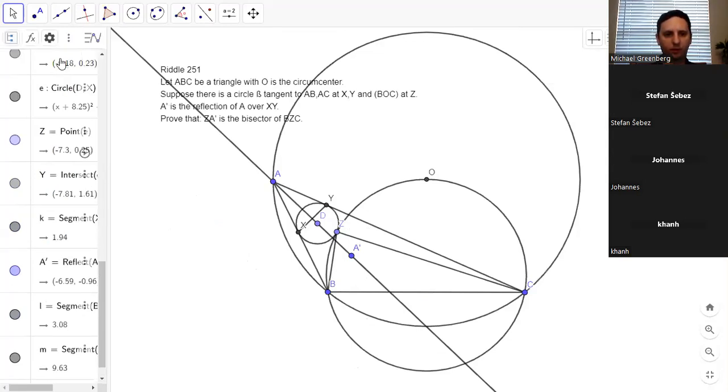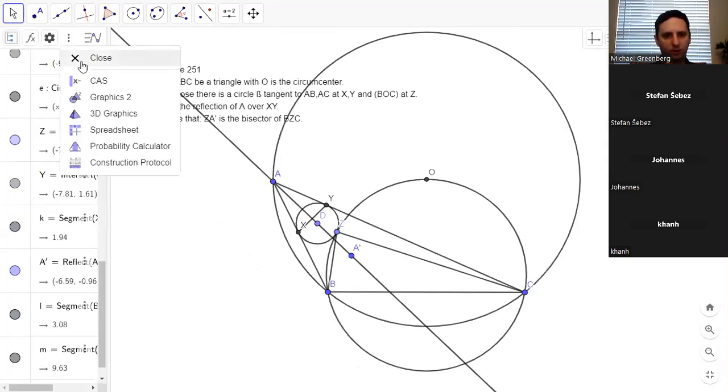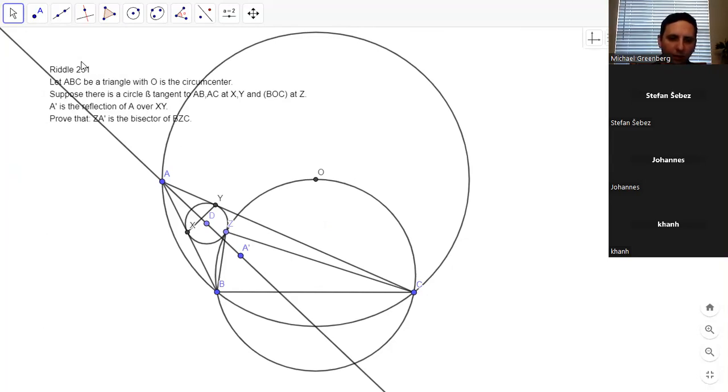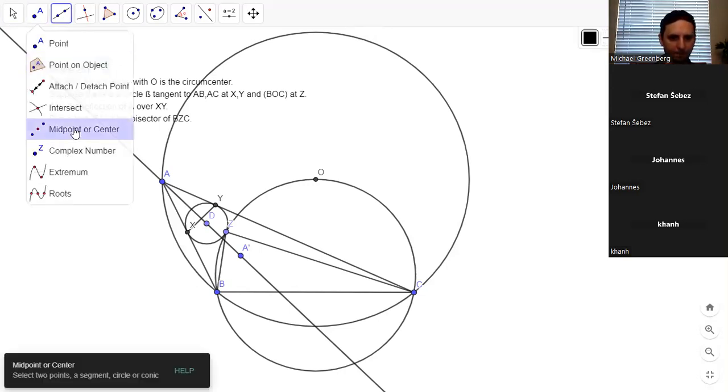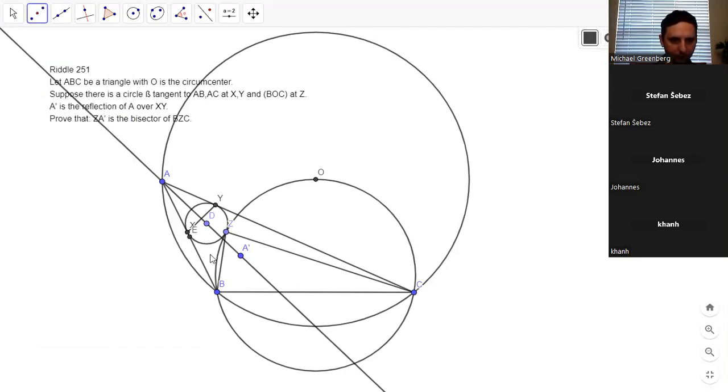And we know that that inversion takes AC to AB and takes AB to AC. So it must take the circle to the circle that is tangent to AB, AC and the 9-point circle, which is the incircle of triangle ABC by Feuerbach theorem.